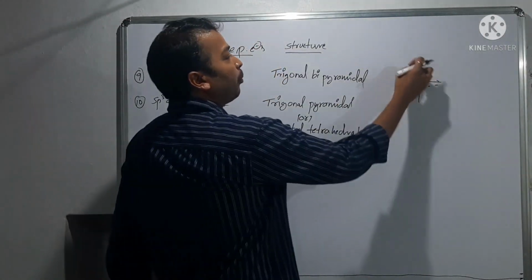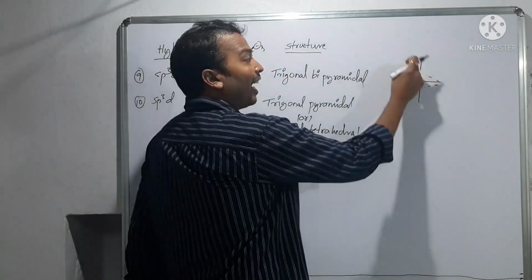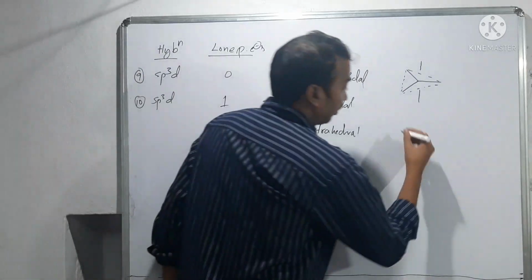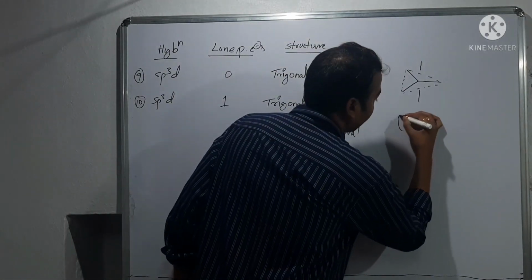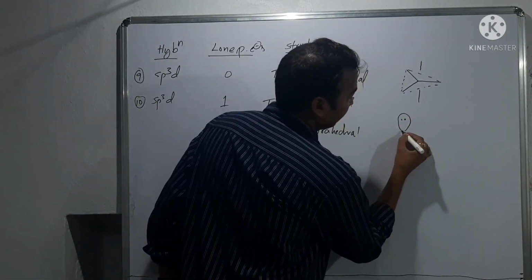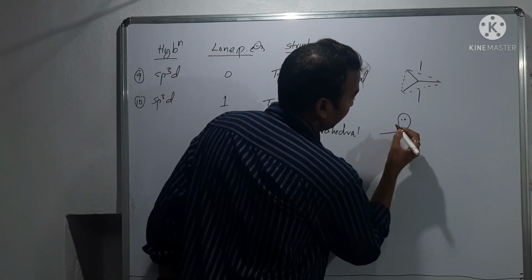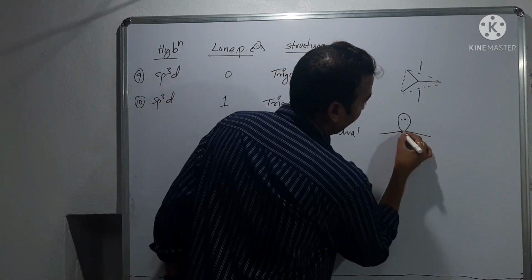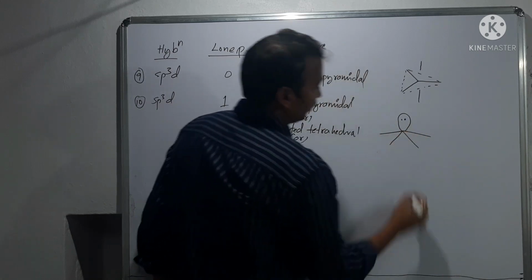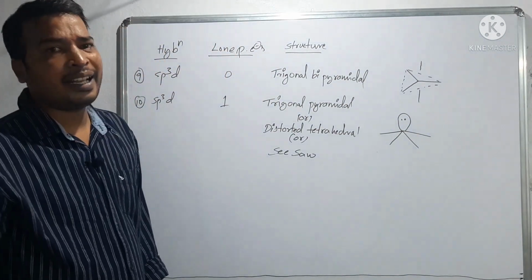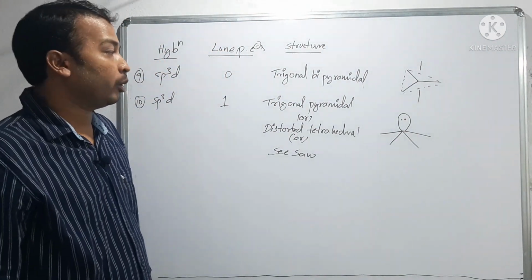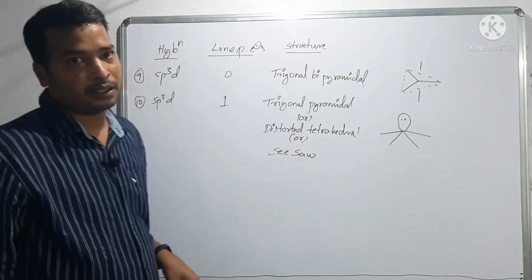Instead of writing a bond pair, we have to write a lone pair of electrons. So that's why its shape changes like this. Okay, it's like a seesaw which is played on by children in the park.